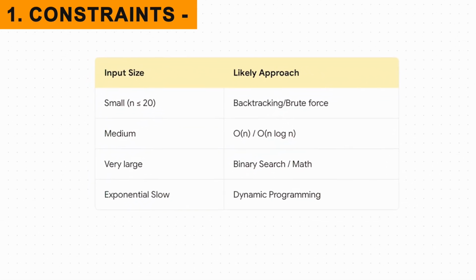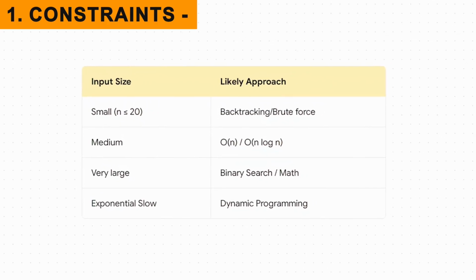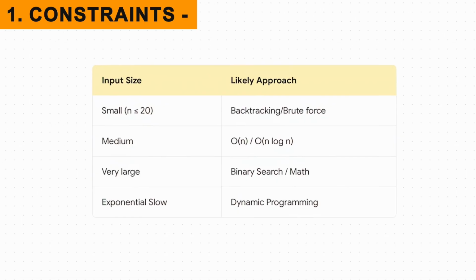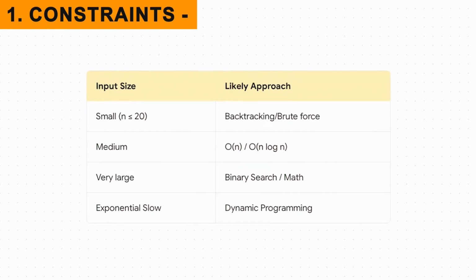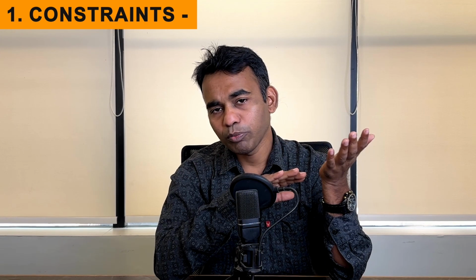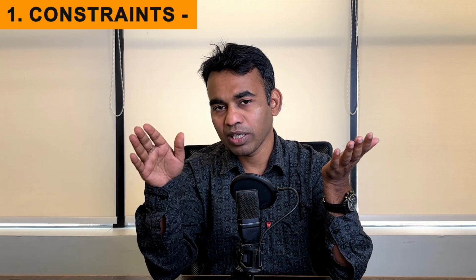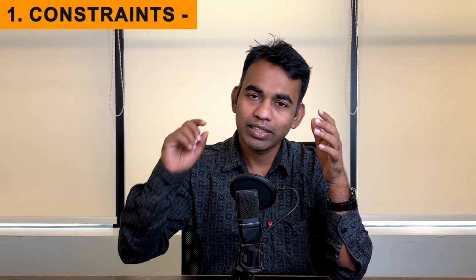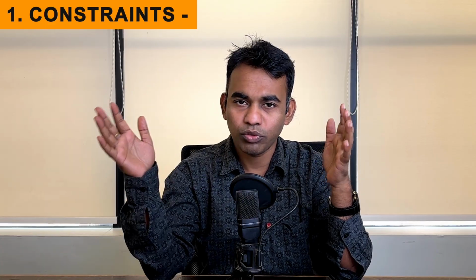That's why they have knowingly given you an n less than 20, so that you can use an algorithm that takes more time. For small inputs, you might be able to apply backtracking or a brute force approach.